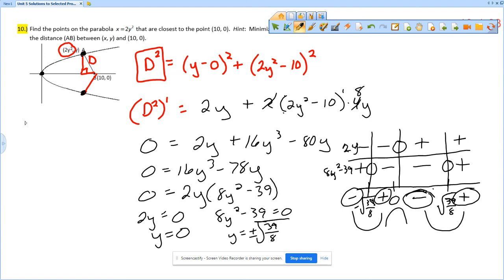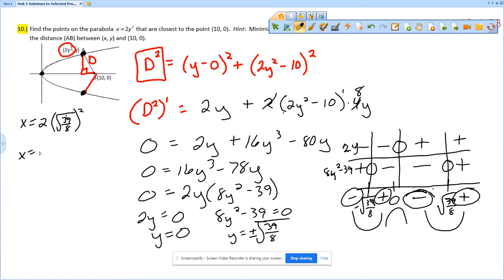Remember, x is equal to 2y squared. So x equals 2 times the square root of 39 eighths squared, or the negative square root of 39 eighths squared. We're going to square both of them, and they're going to be the same. Obviously, the x values are the same.